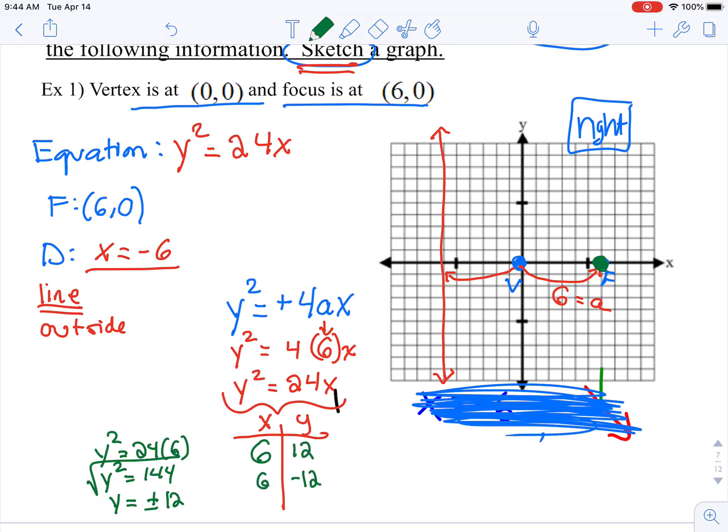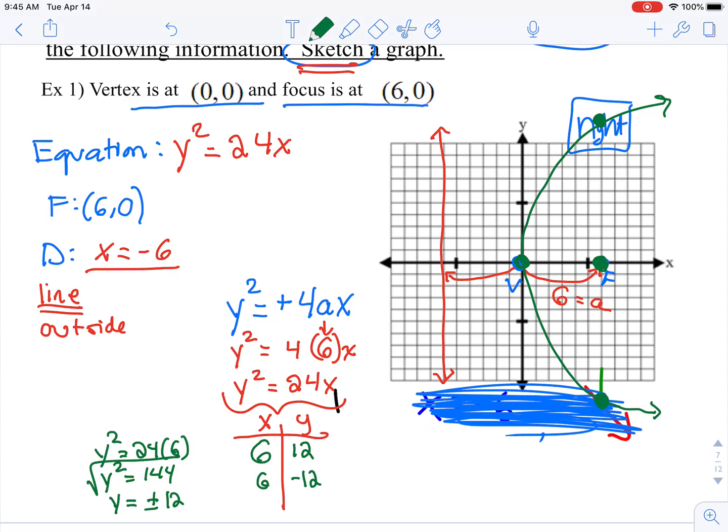I could plot the point (6, 12) way up here, and (6, -12) way down here. Here's my vertex, and now I can sketch in this parabola. As you can see, this parabola is quite a bit wider than my original sketch. That's why we need to be accurate.